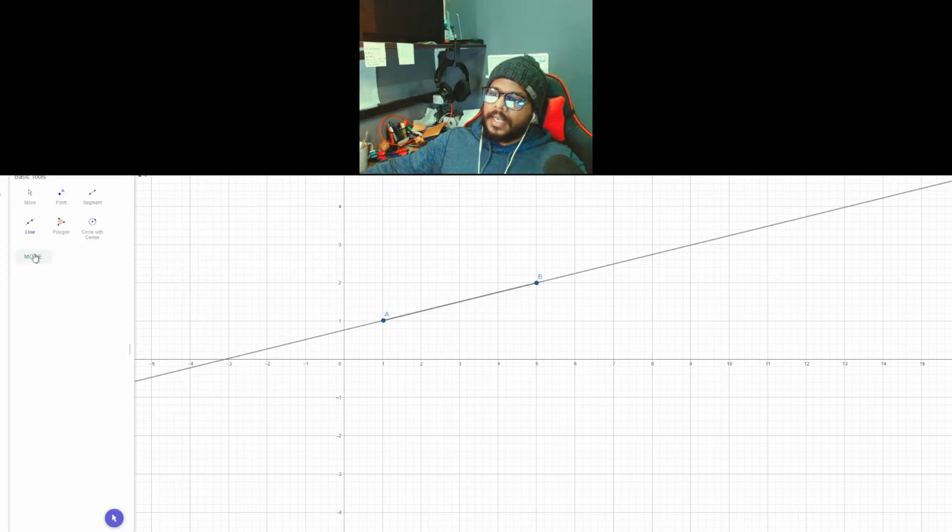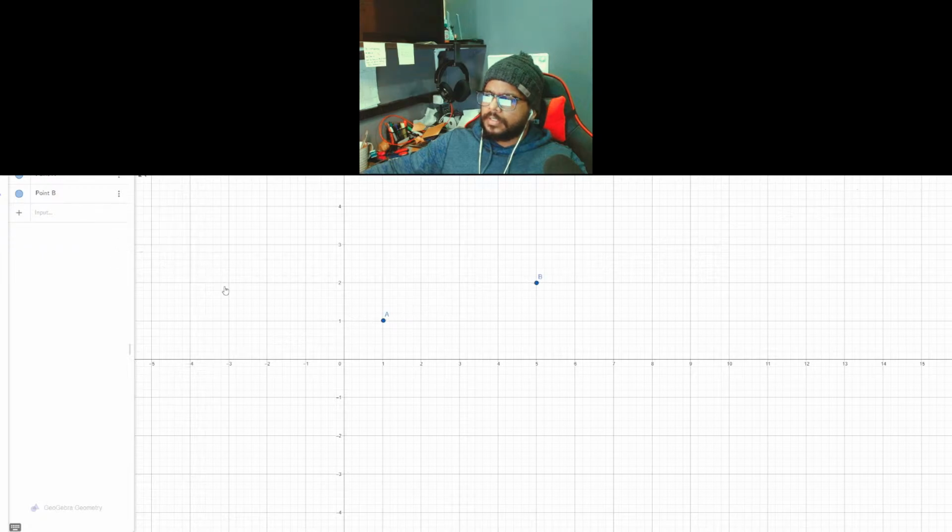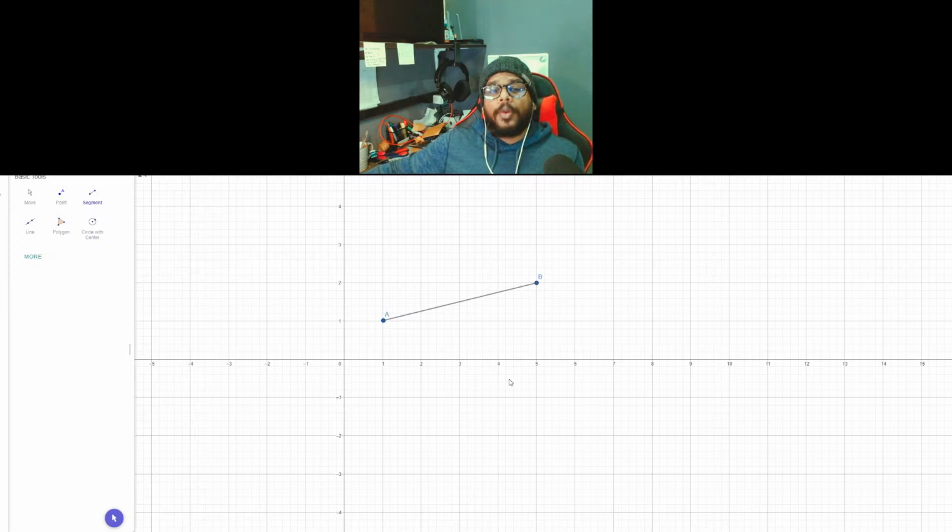Now, with respect to lines and line segments, we have a number of properties of straight lines that we need to learn. The first property is called the gradient. The gradient is extremely important. Now, what is the gradient of a line?